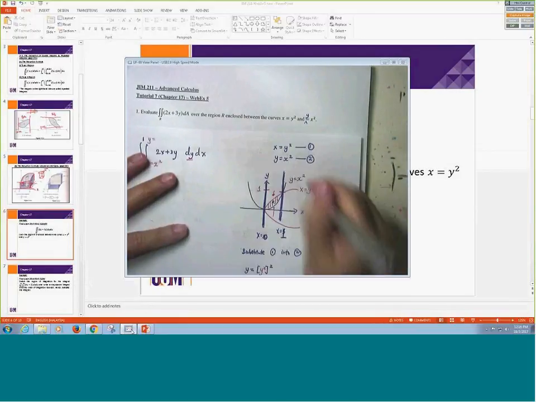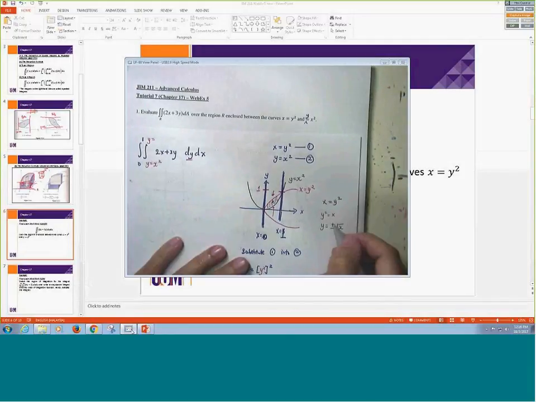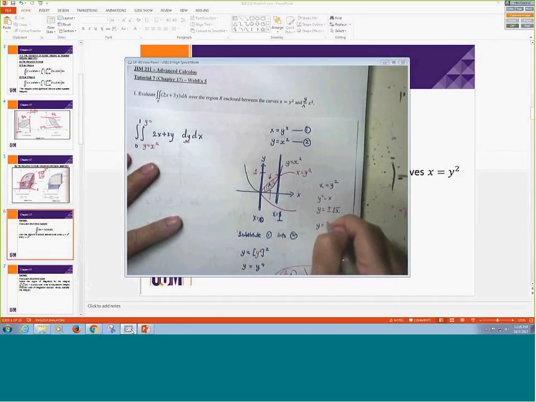So x equals y squared, which means y equals plus or minus the square root of x. But they actually consist of two parts: one is the positive, the other is the negative.